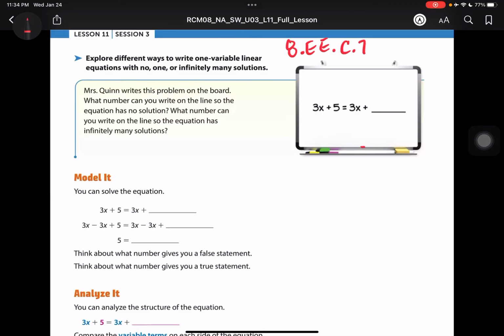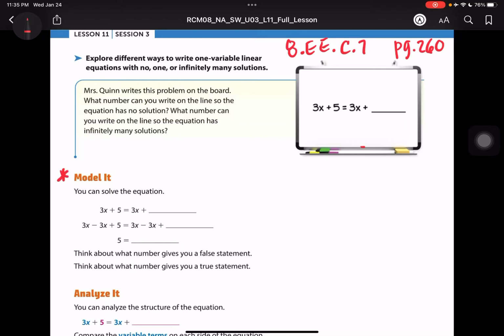Today's objective is: I can develop strategies for writing an equation with no solutions, one solution, or infinitely many solutions. Turn to page 260 in your iReady books, where I am now, and look at the Model It, the part where I put the star.